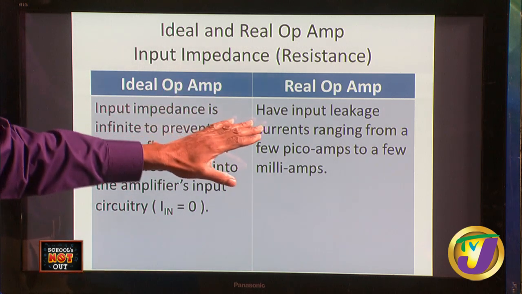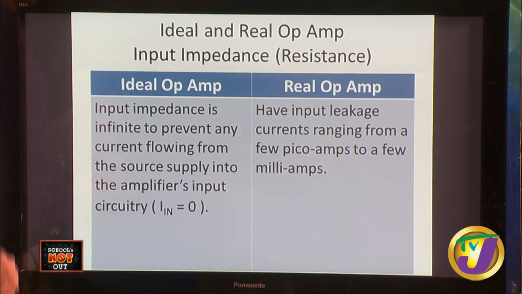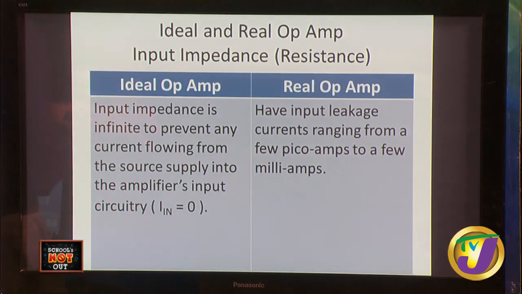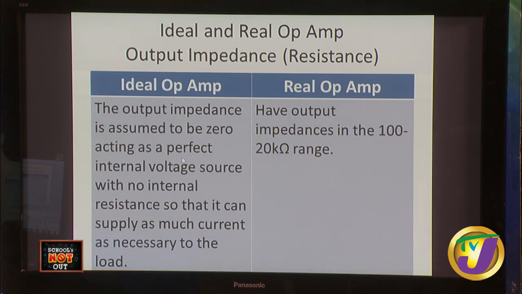But real op-amps have input leakage currents ranging from picoamps to milliamps, right? So current actually gets into the operational amplifier in the real op-amp. So that's one difference. And then the output impedance of an ideal operational amplifier is assumed to be 0. So that means if we have 0 output impedance, we can get as large a current as we can from the operational amplifier.